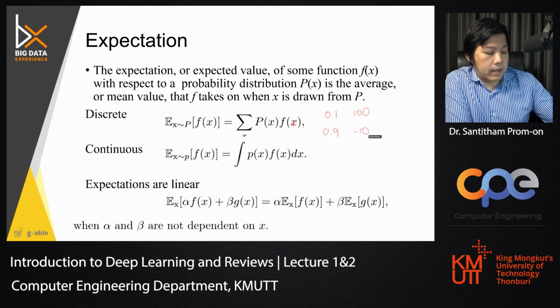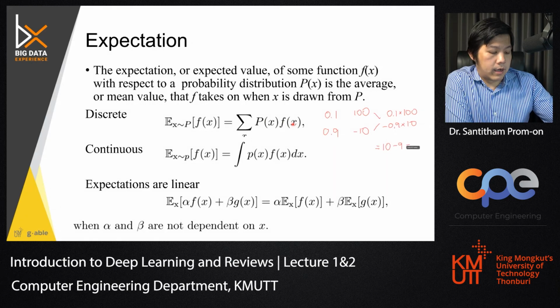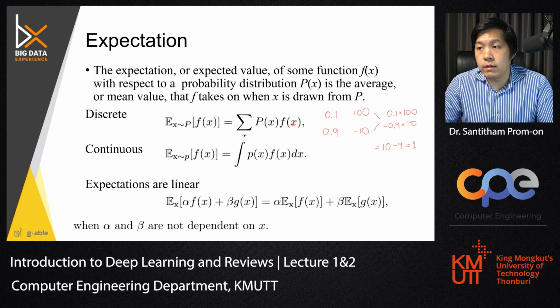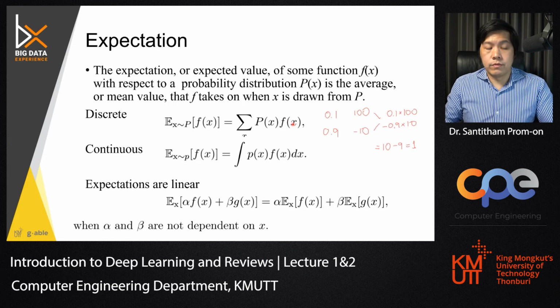If the customer buys your product, you get 100 baht. If not, you lose 10 baht. Then in combination, the expected value would be 0.1 times 100 minus 0.9 times 10, which equals 10 minus 9, equal to 1. That means the expected value is 1, so you can expect to get a profit of 1 baht per customer.